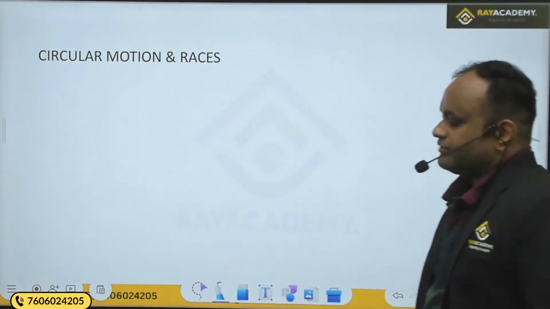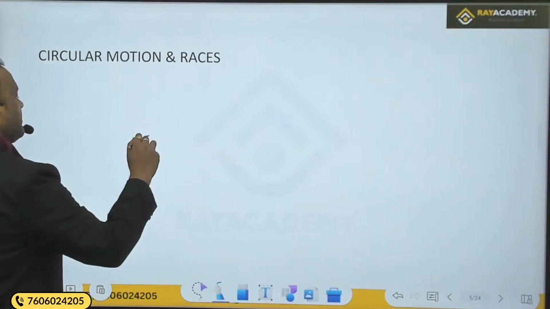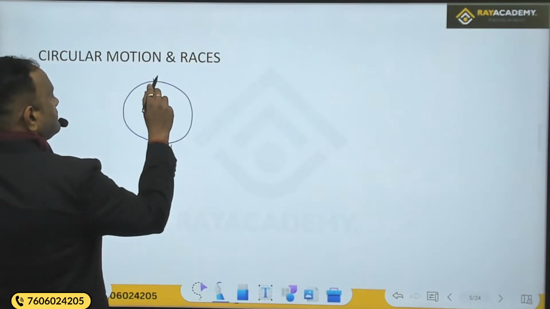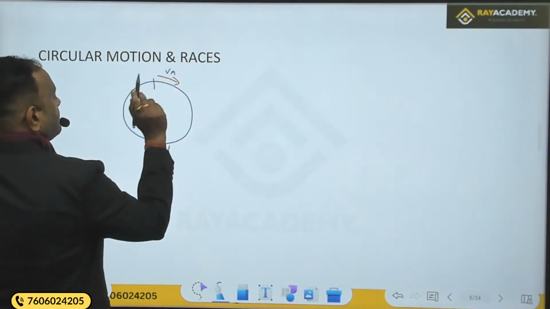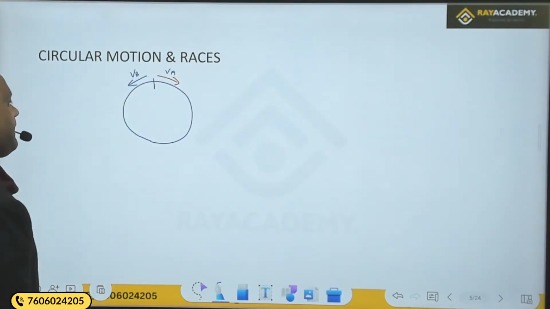Then the last concept, that is circular motion. In circular motion there are typical questions like this. Let's say there is a person moving clockwise with speed VA and another person moving anti-clockwise with speed VB.